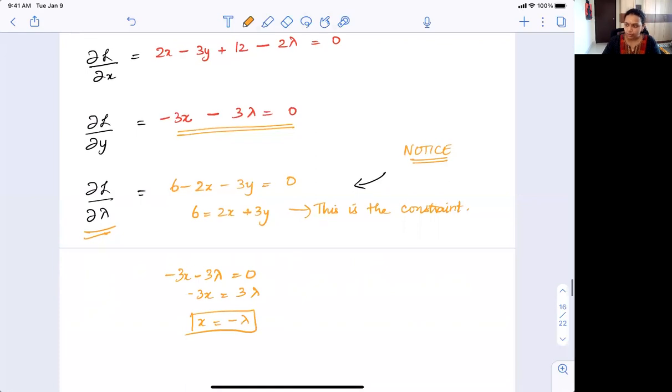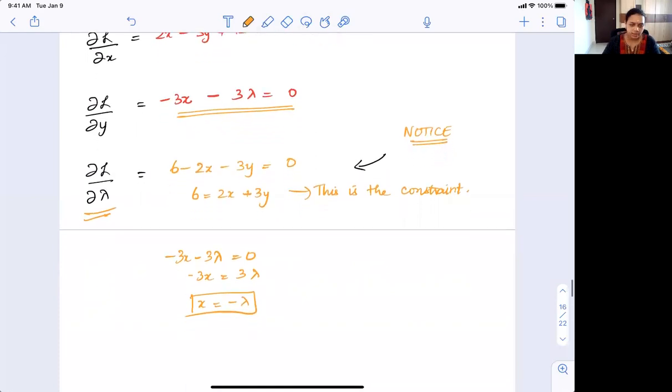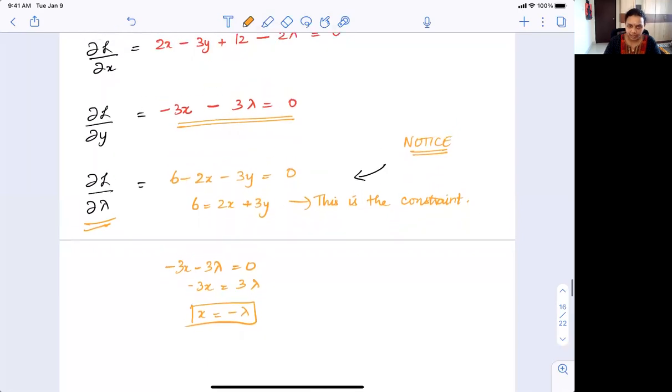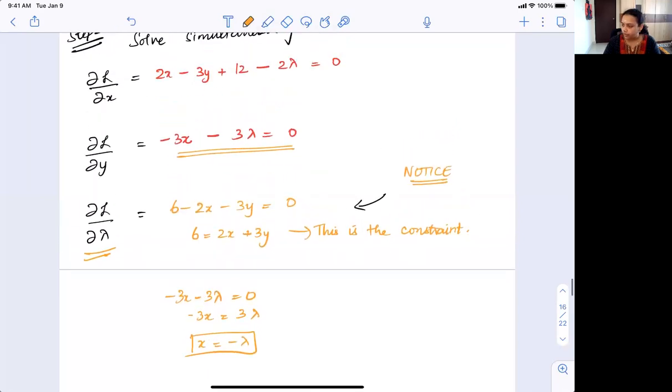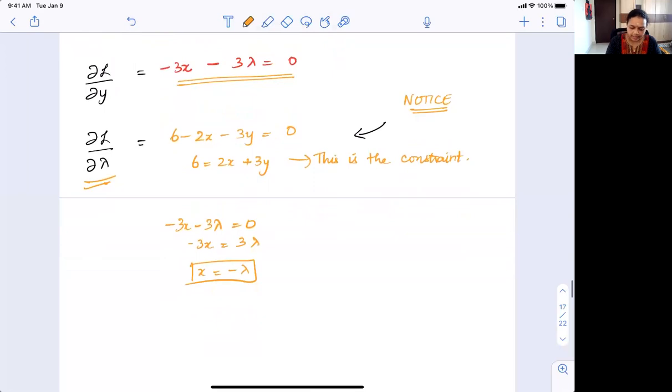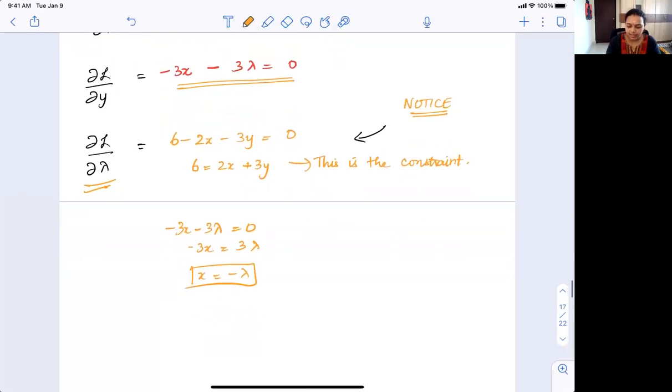So you have x is equal to minus λ. Let's plug x equals minus λ into the budget constraint. You have 2x plus 3y equals 6, so this is just minus 2λ plus 3y equals 6.